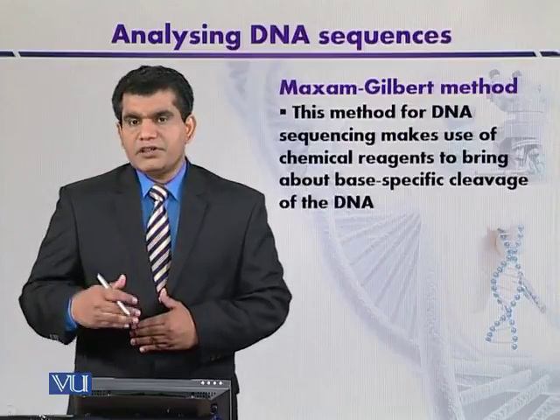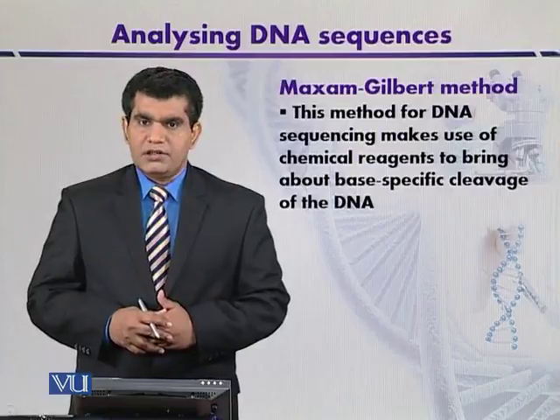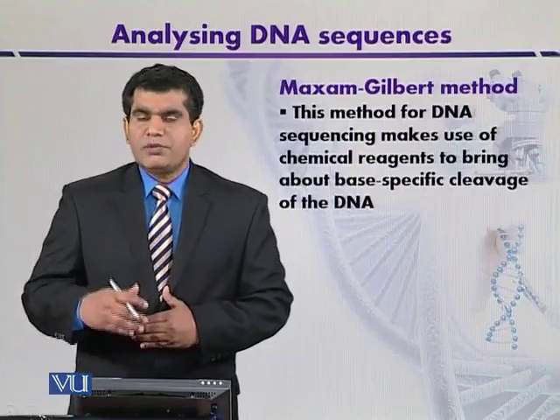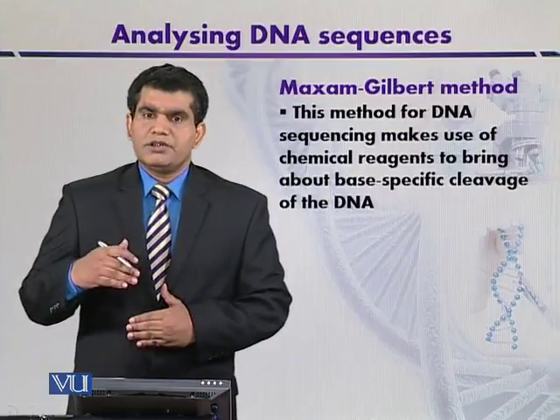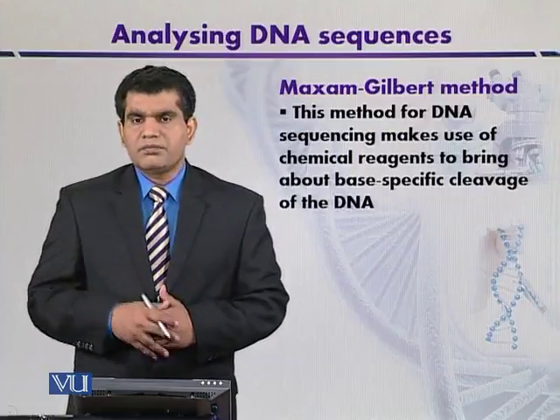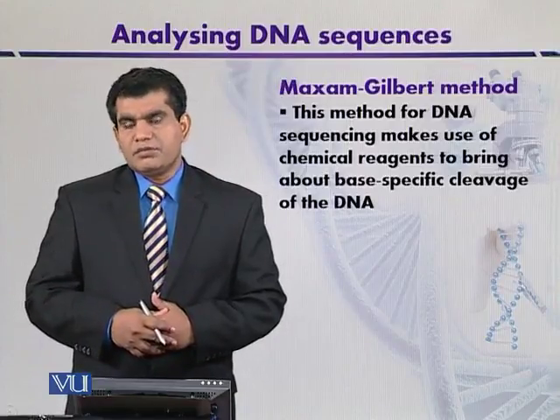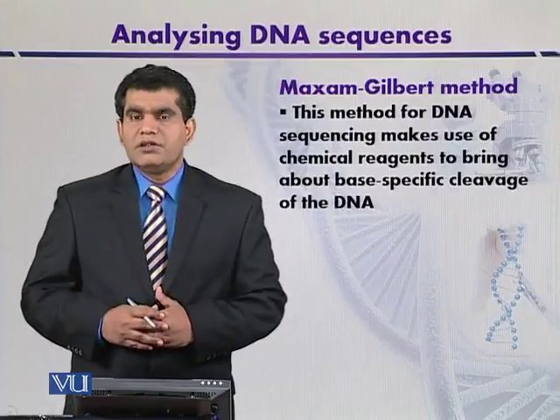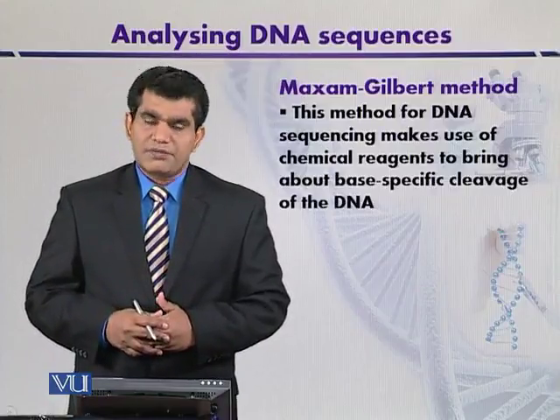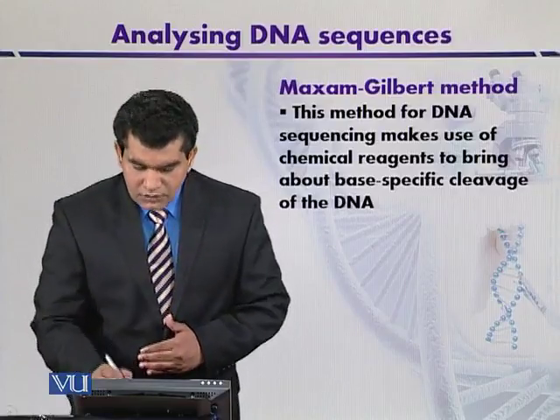That will prevent the formation of secondary structure of the DNA. We can also apply high voltage, maybe around 70 volts, so that the temperature will be high, and it will also prevent the formation of secondary structure. When the gel run is complete, the autoradiographic technique can be used to detect DNA fragments.